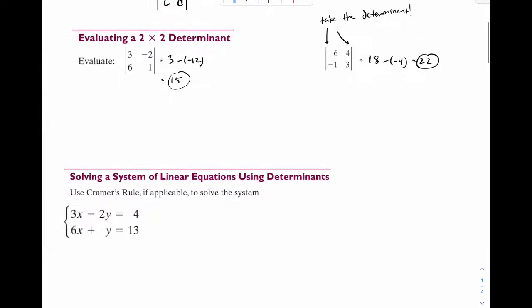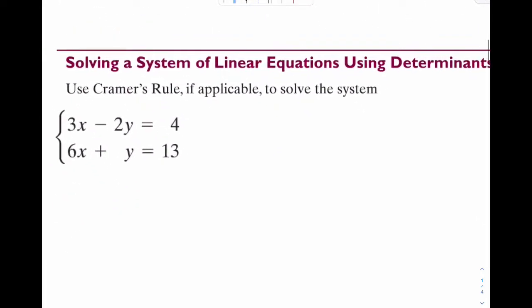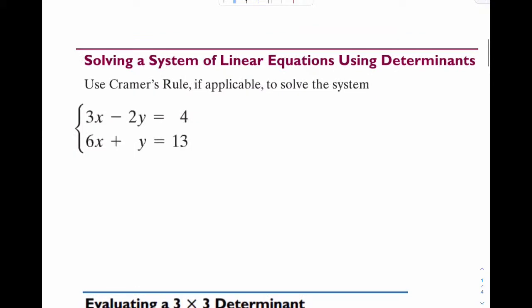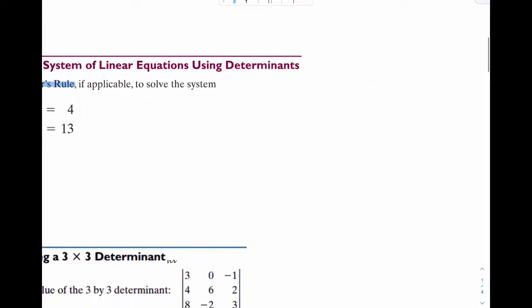Now the reason we have that operation is for this. It's called Cramer's rule. So on the side here, I'm going to give you the basics of Cramer's rule. Cramer's rule is a very interesting way to solve a system using that skill I just showed you.